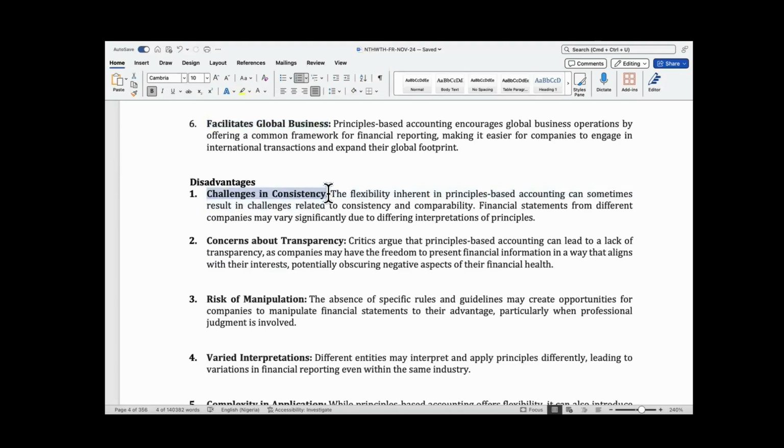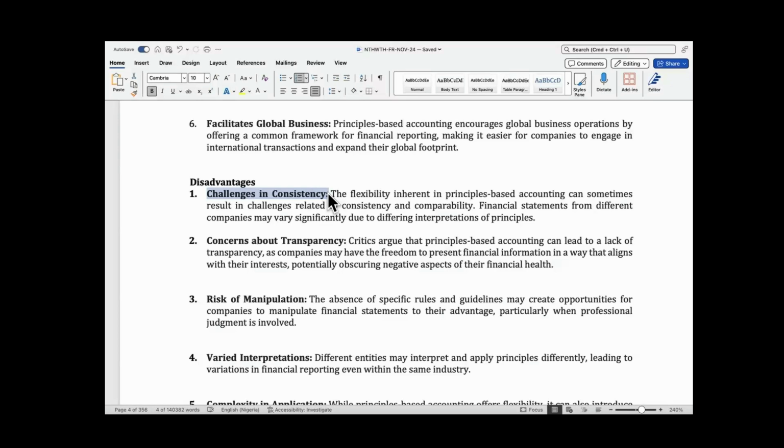Some of the disadvantages: the challenges in consistency. You would agree that when you allow people to do as they want, I mentioned earlier that IFRS gives us the freedom to be professional. Some people will never be professional. Some people will misbehave. Let's leave that for now.